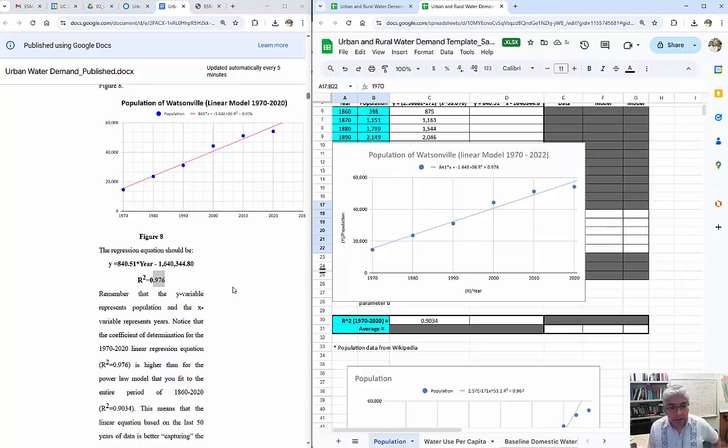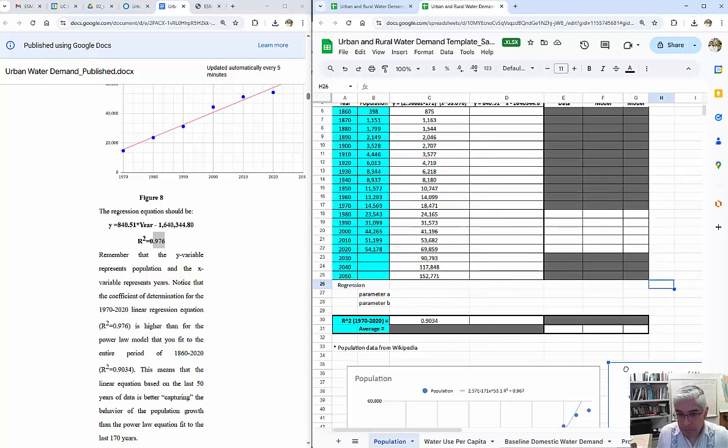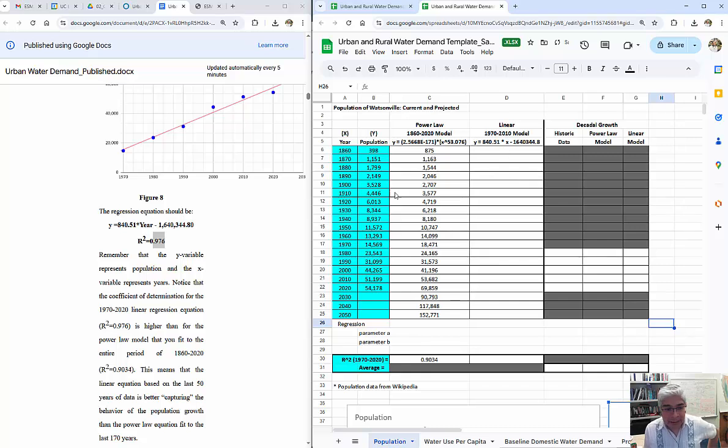Ta-da! Now we're going to use this equation to predict the data from 1970 all the way to 2050.